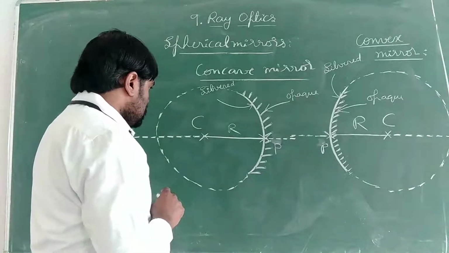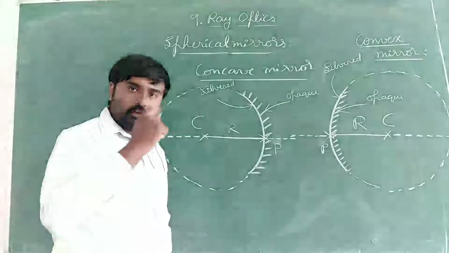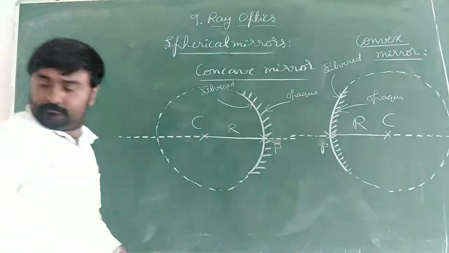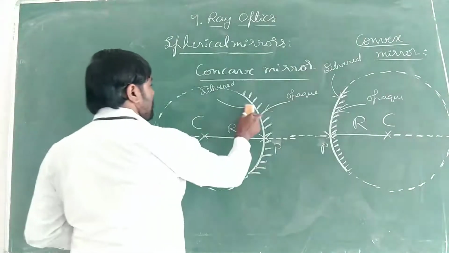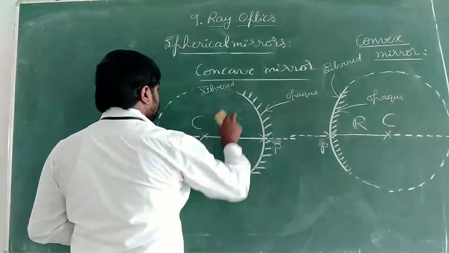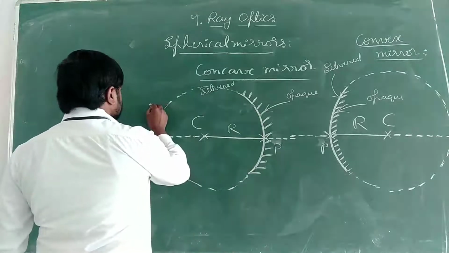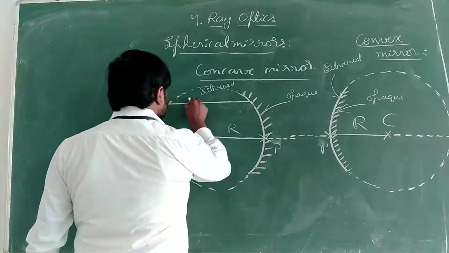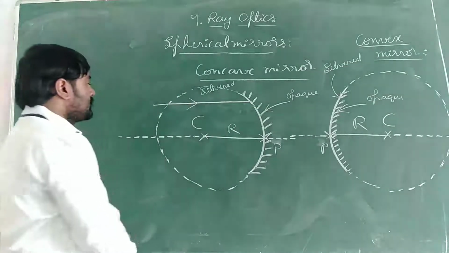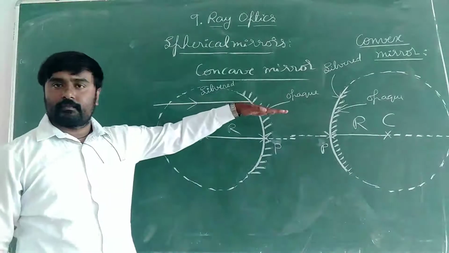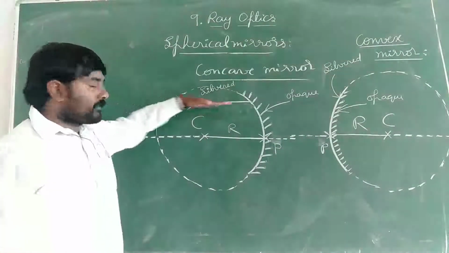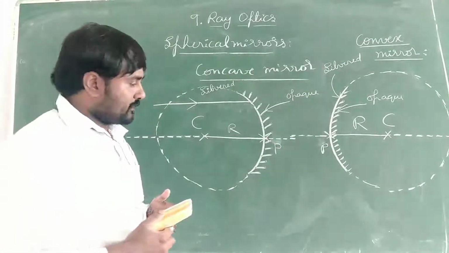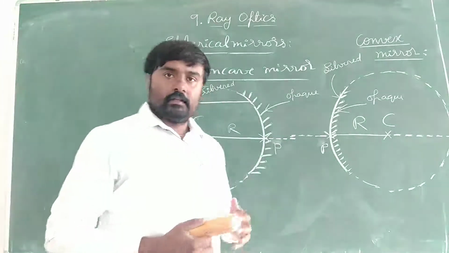Now let us consider a ray of light that is incident parallel to the principal axis. So this is a ray of light. What is the meaning of a ray of light? A straight line along which light can travel is called a ray of light.